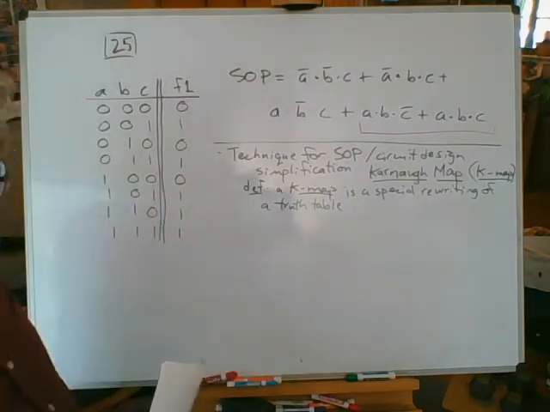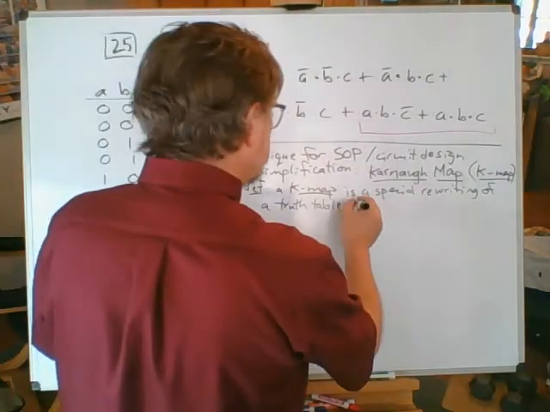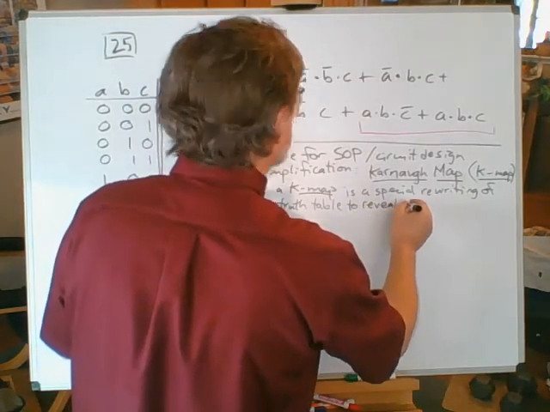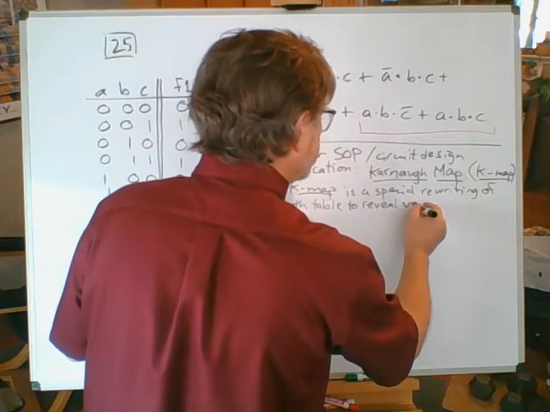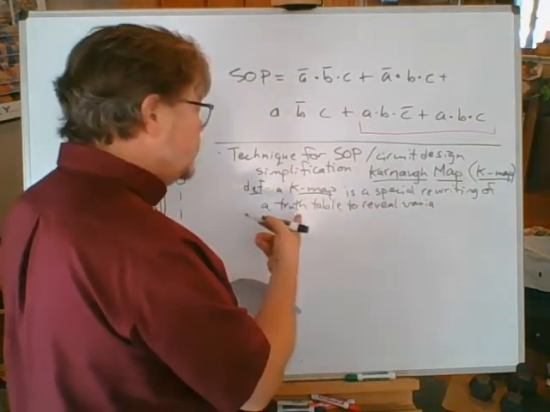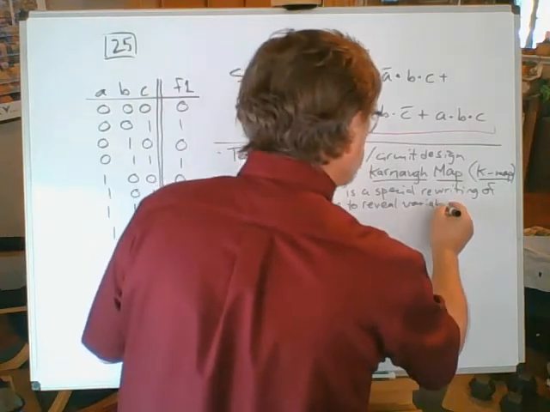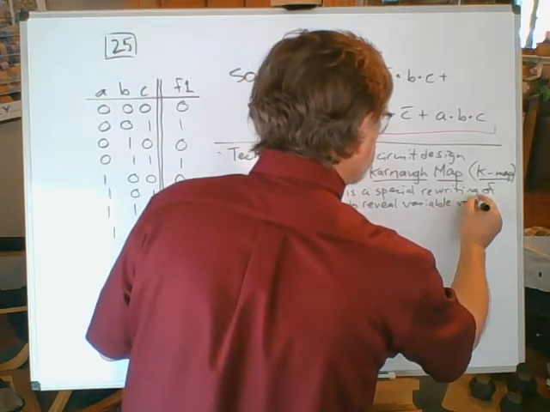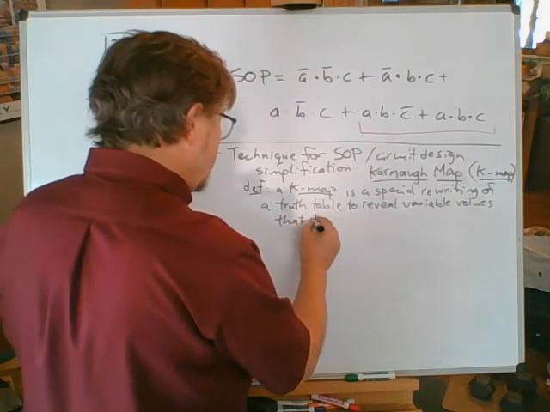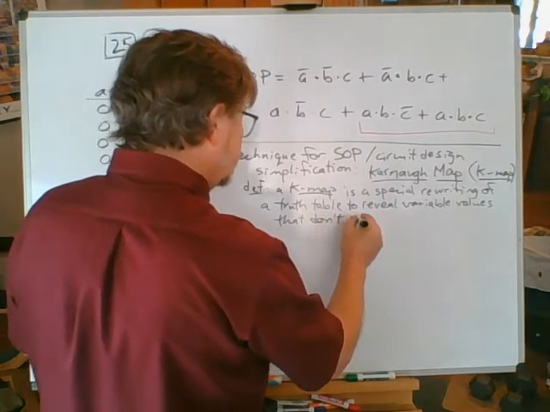That's why it's a special rewriting. Why do we do that? To reveal, I'll call them variable values. Yes, I'm making up this definition as I go along. A K-map is a special rewriting of the truth table to reveal variable values that don't matter.